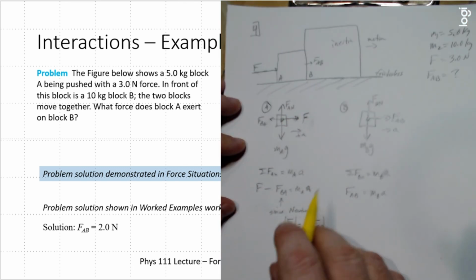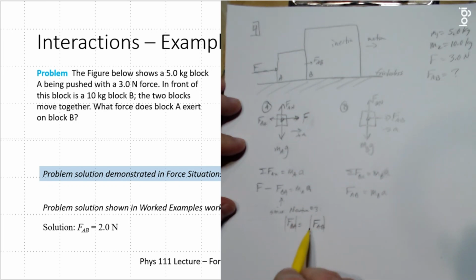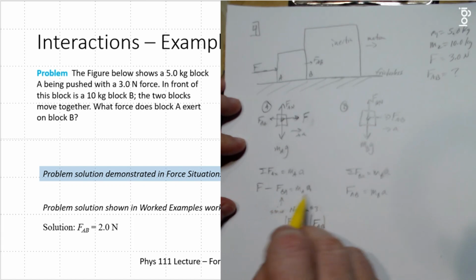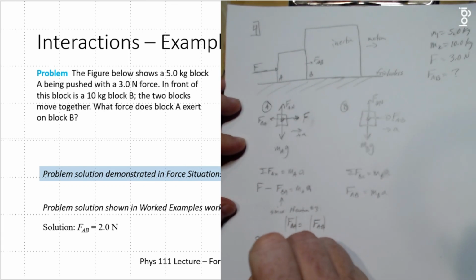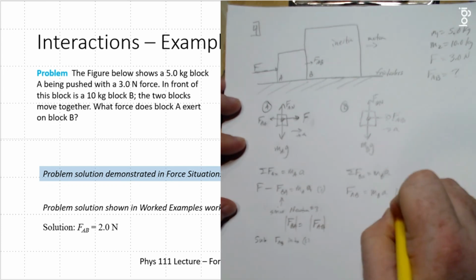We only look at the magnitude of your forces. F_B is equal to the magnitude of F_AB, and so we can just use F_AB and substitute in here, like so. Sub F_AB into equation 1, which it is, equation 2.